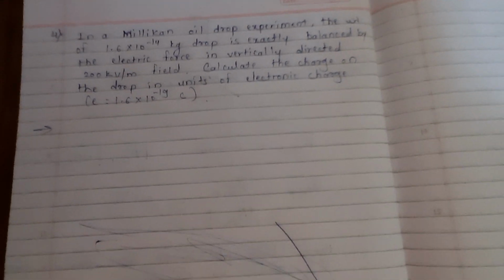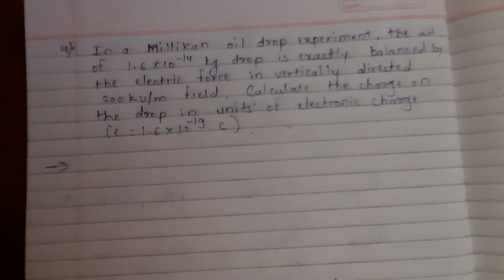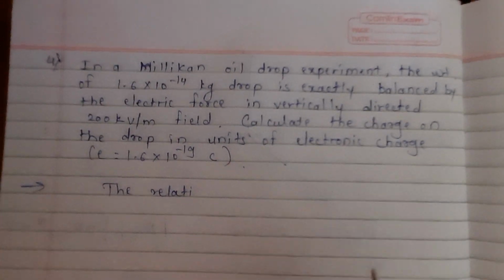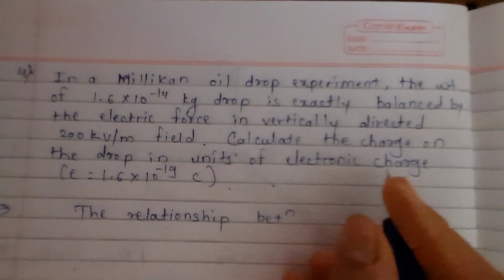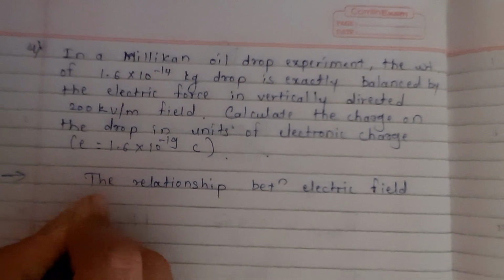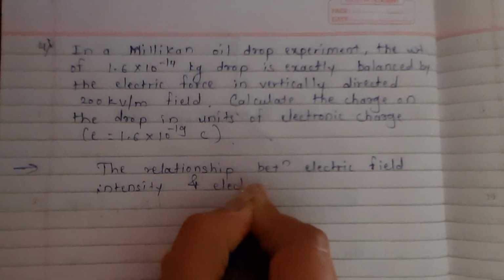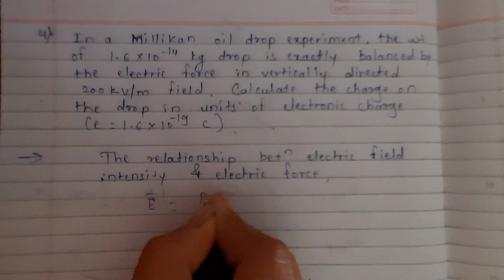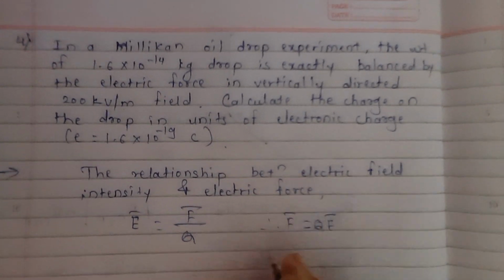So here the relationship between electric field intensity and electric force is given by E bar is equal to F bar divided by Q. So F bar is equal to Q into E bar.